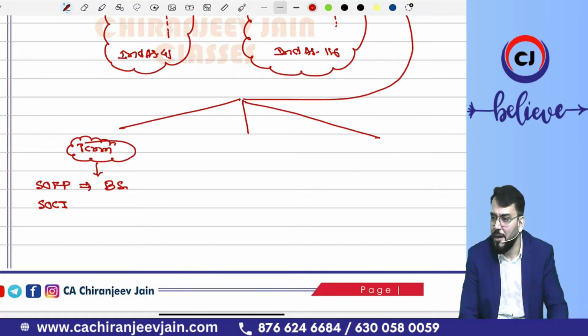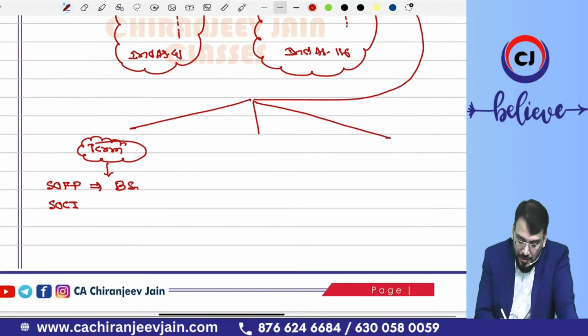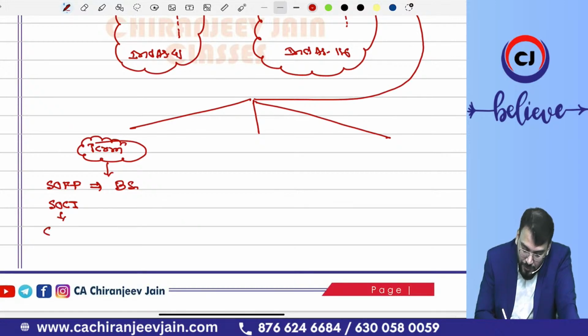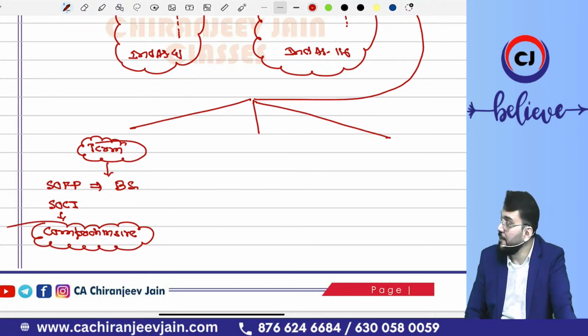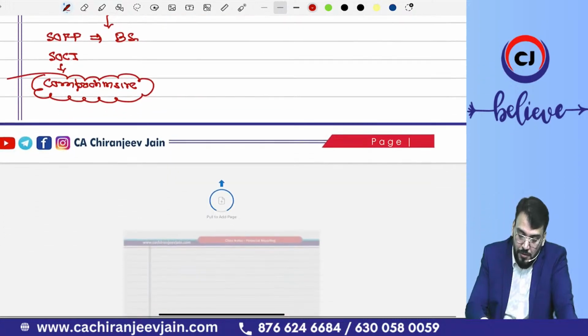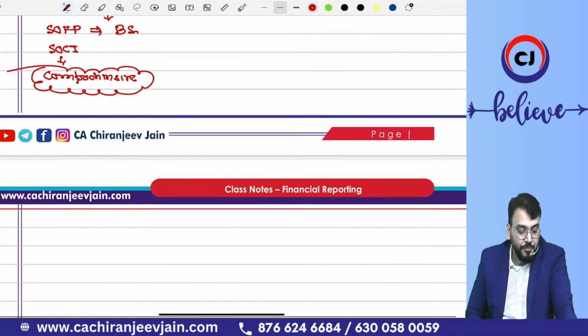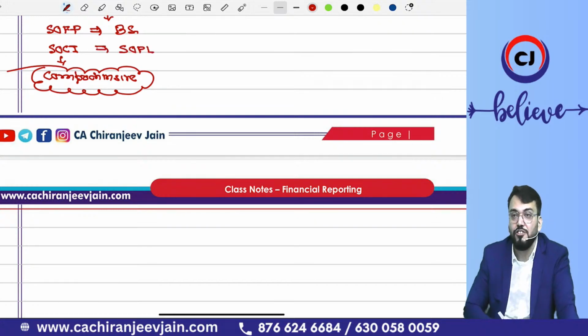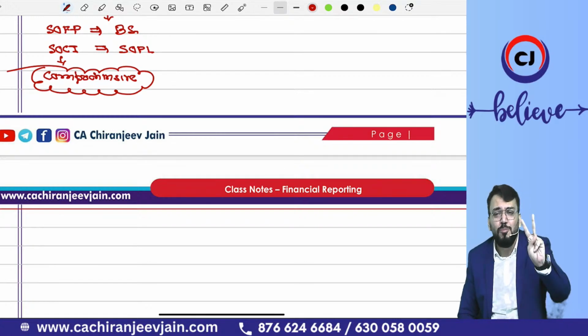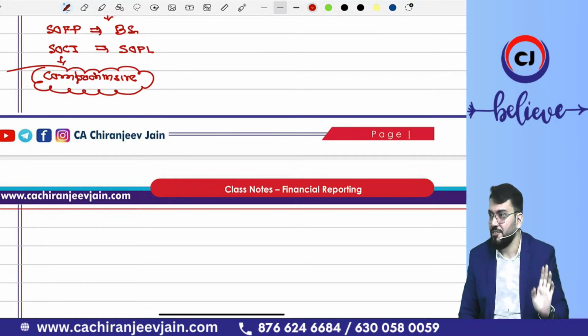Write down in full, statement of comprehensive income, because you are listening to it for the first time. This is the statement of financial position and this is the statement of comprehensive income. And in India we call it what? Statement of profit and loss. There are two basic terminology changes.